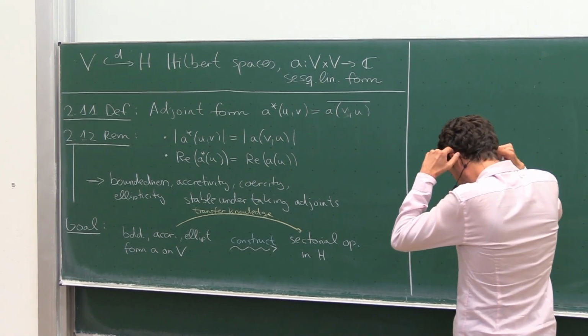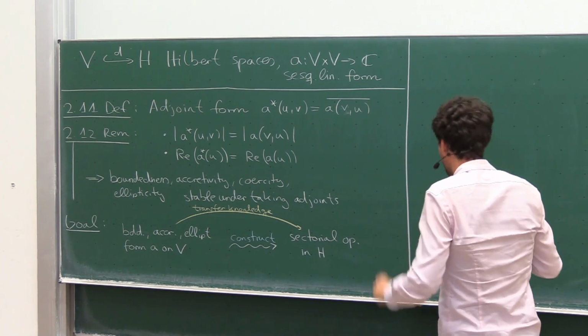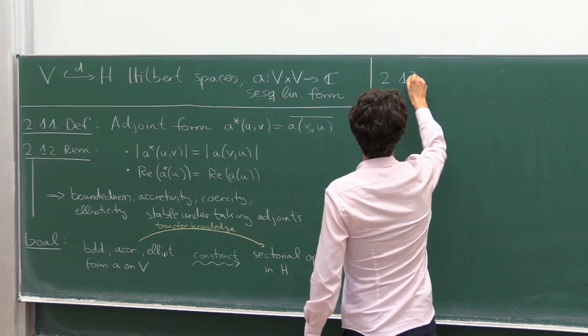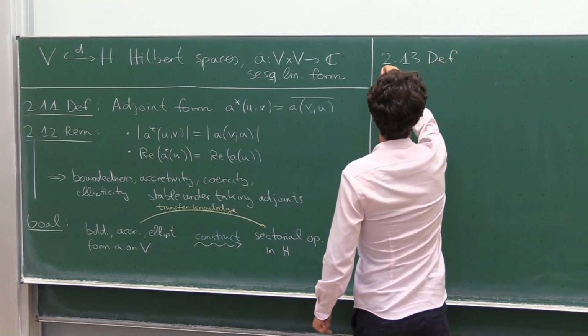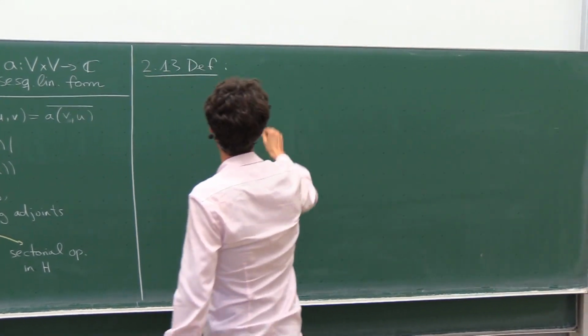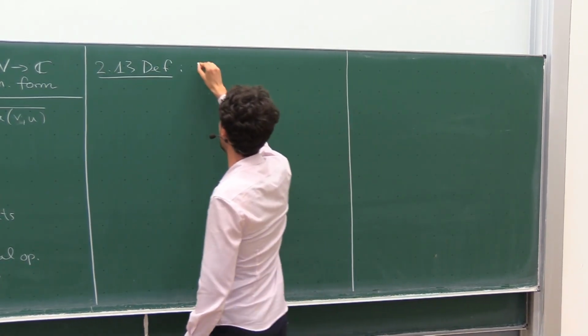Okay. I'm just worrying that the microphone is not behaving as I expect it to be, but probably that's what it is. Okay, so definition. I want to define the anti-dual space. Maybe we're going to divide it into three.